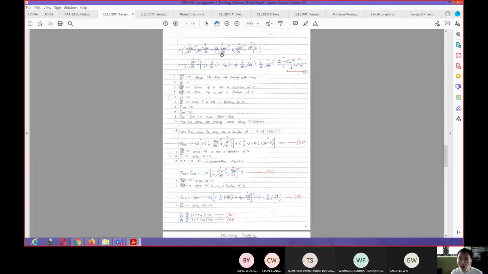Your velocity in the angular direction is not a function of the angle. If it were a function of the angle, then the velocity would increase or decrease at a higher angle. So this is very important. And your VR here is 0. I need the detail of everything, so you need to put in the details. And your pressure is not a function of angle.